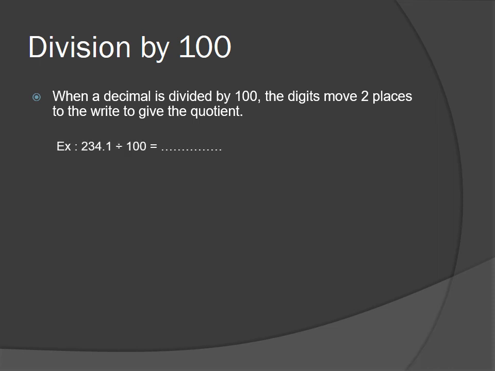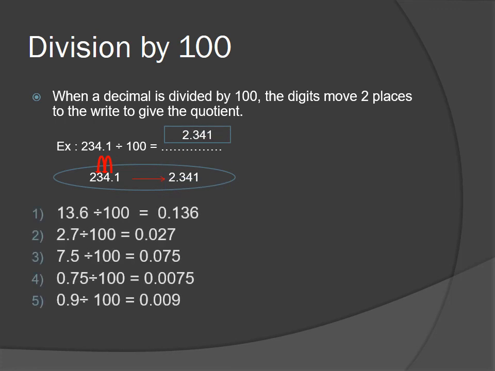Example: 234.1 divided by 100. When we are dividing any decimal number by 100, you want to move the decimal point 2 places to the left. Then you can get the answer as 2.341.